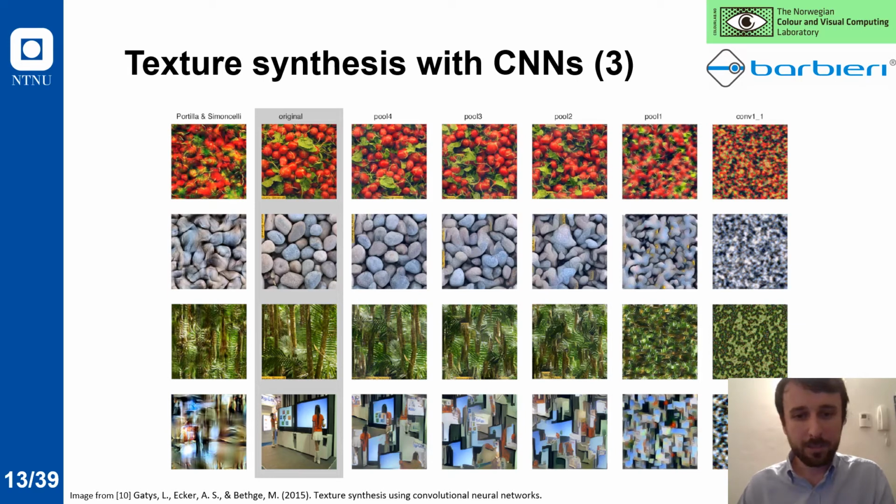Note that the last image in the bottom row is a non-textured image, and therefore the results are not really good because of that.